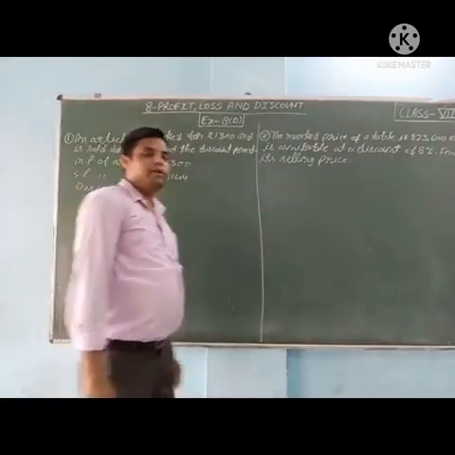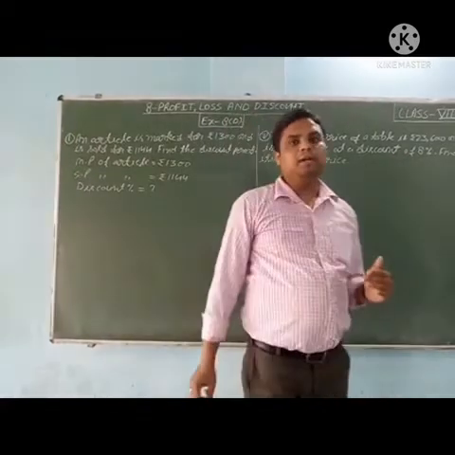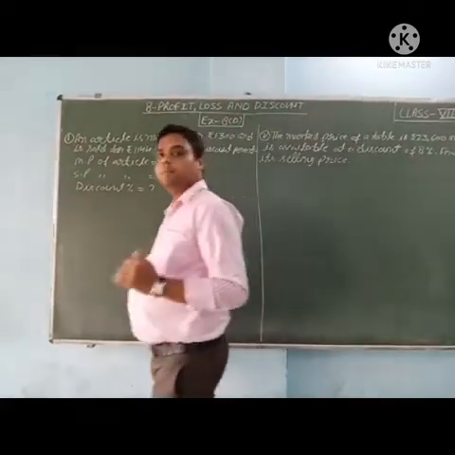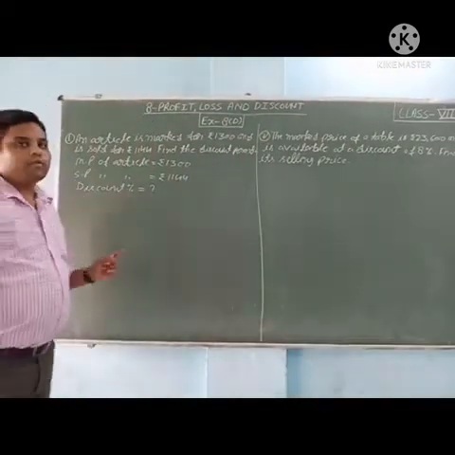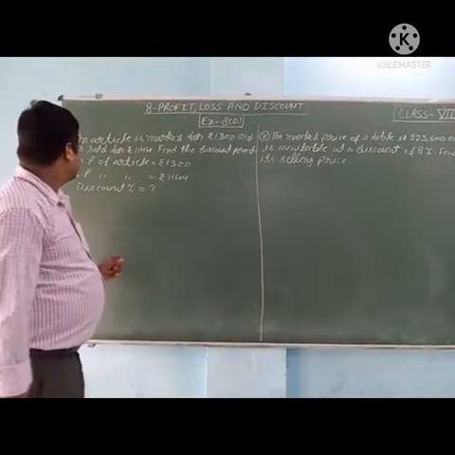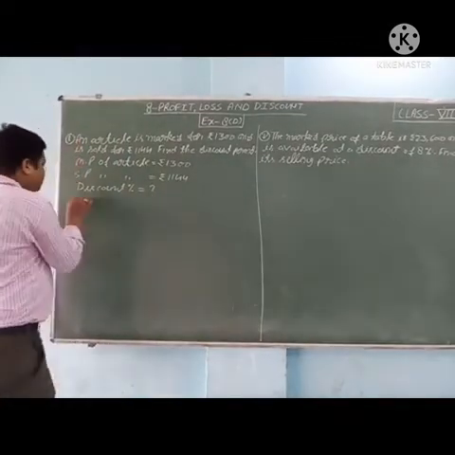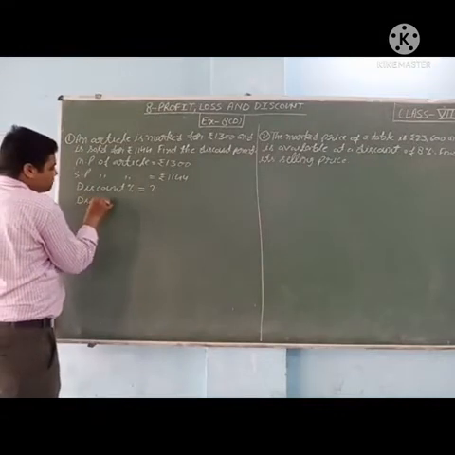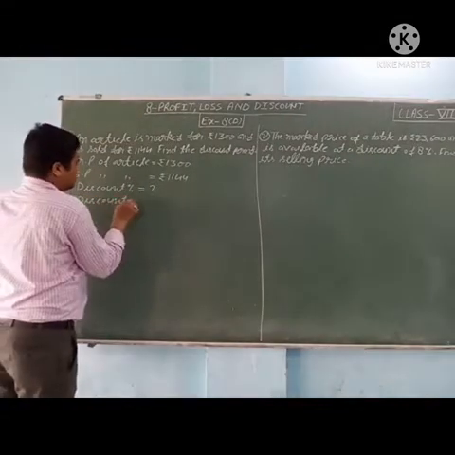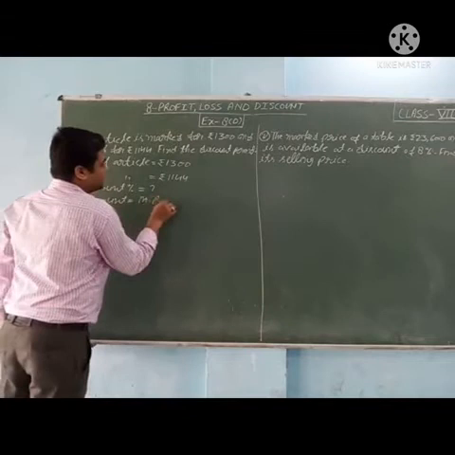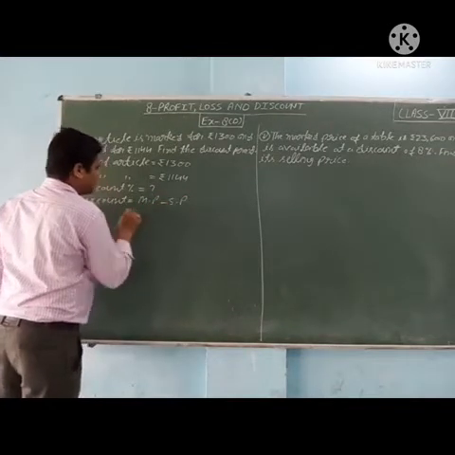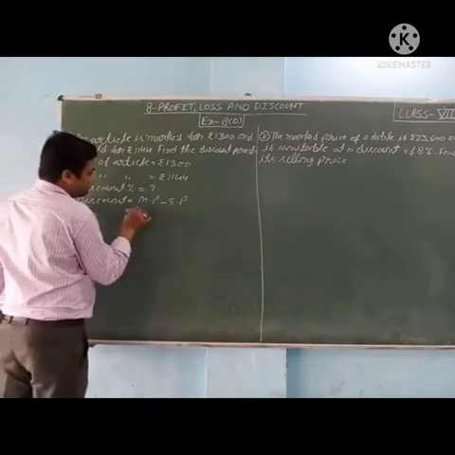Formula of discount percent: discount upon MP into 100%. It means to put the value in the formula we need the discount. So discount is equal to MP minus SP, mark price minus selling price.